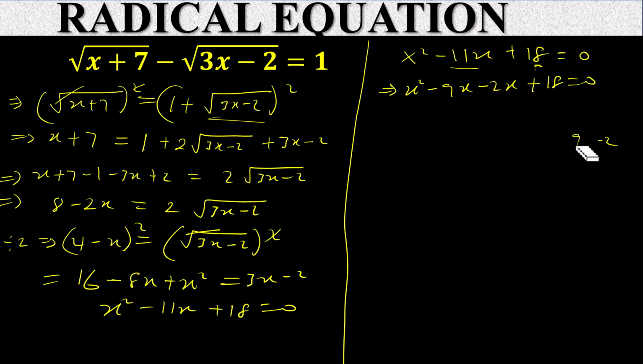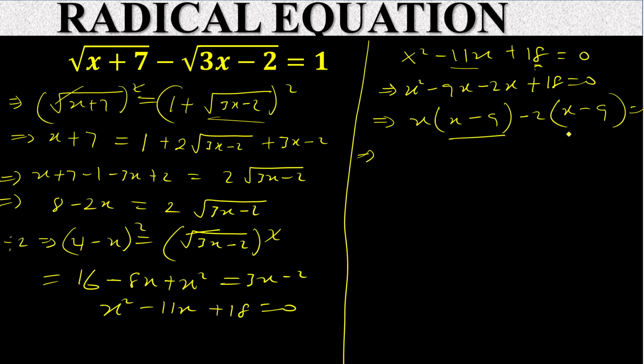All right. So let's move on. We factor x out, x minus 9. Okay. Then we factor minus 2 out, x minus 9 equal to 0.